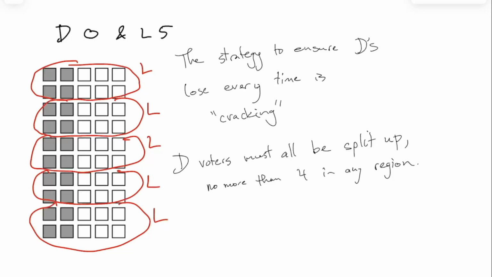You intentionally cracked them up so that they never have enough in any single district to actually win any of these elections. All right? So here the D's are fully cracked. That's what they call it. We cracked them. We cracked them good. We made it so that they were evenly dispersed, which means they were never able to actually win in any of those 5 elections.